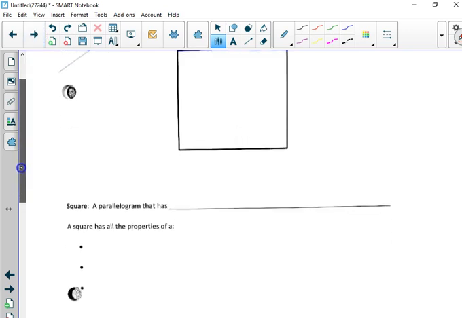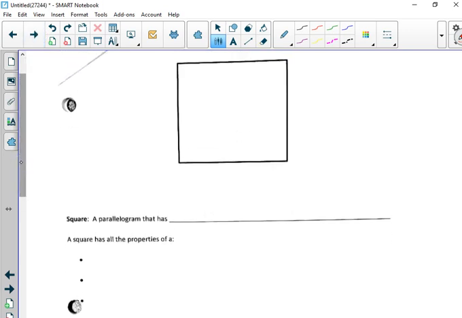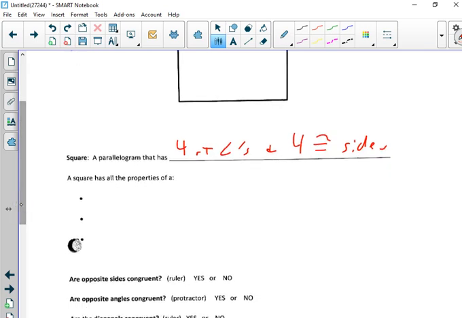Now we have the square beyond compare. So it has four right angles and four congruent sides. So the square has all the properties of a parallelogram.